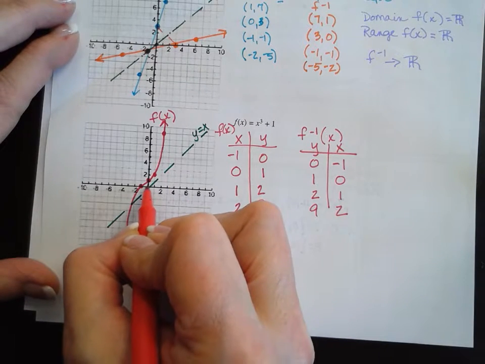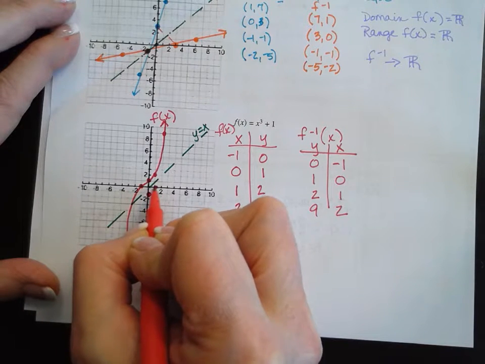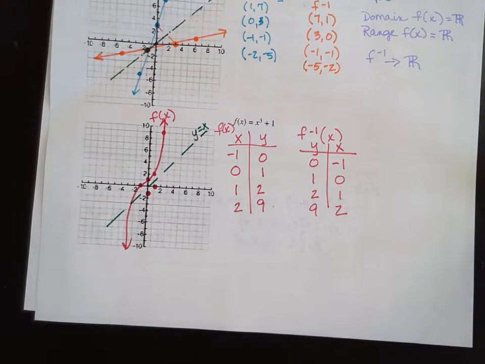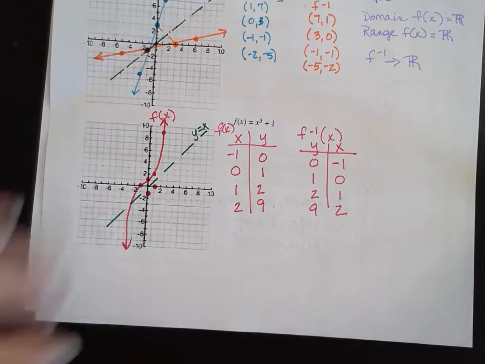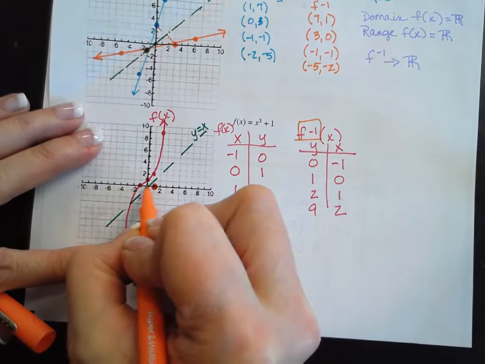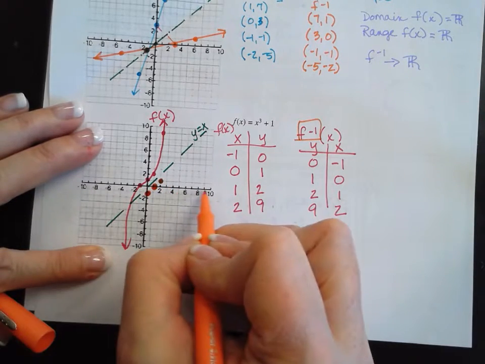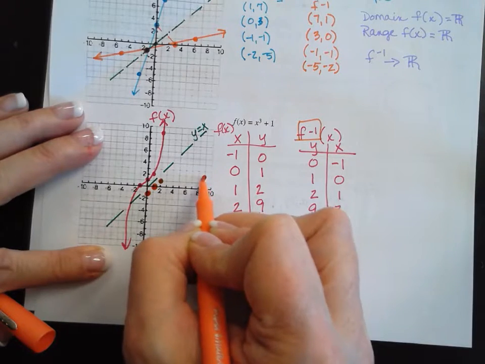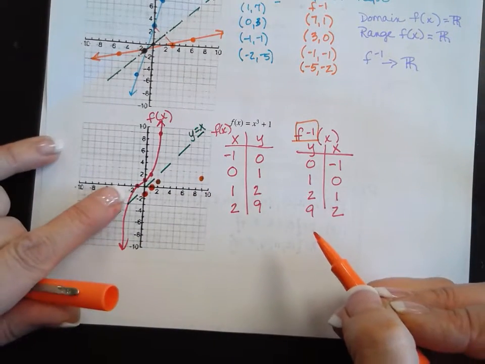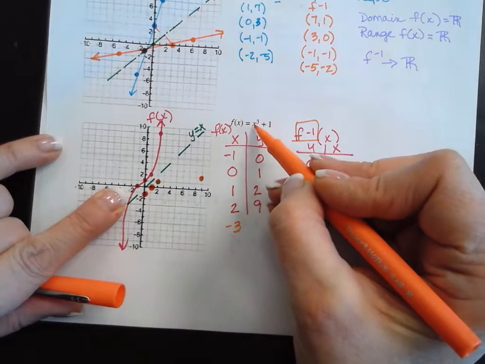So, over 0, down 1, over 1, 0. Oops, let's do it in another color. Over 2, up 1. Over 9 up 2. I think I'm going to do like a -3 just to see.